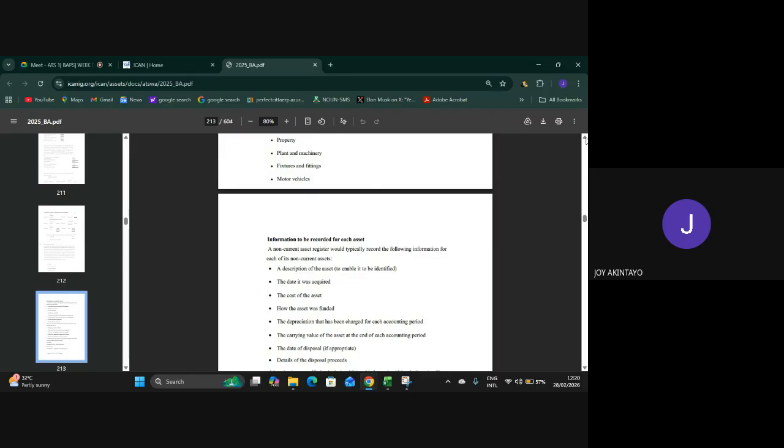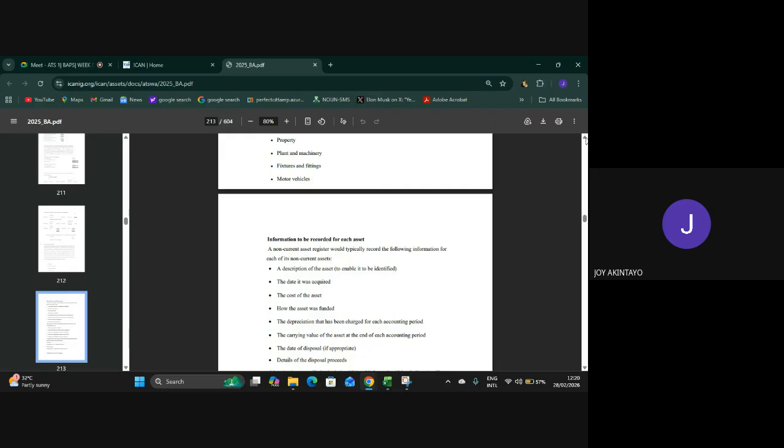Number one, we need the description of the assets, the items to be included in our non-current assets register. Which item do we have? Let's say property, plant and equipment. The date it was acquired will be needed. The historical cost of our assets is part of the things needed.